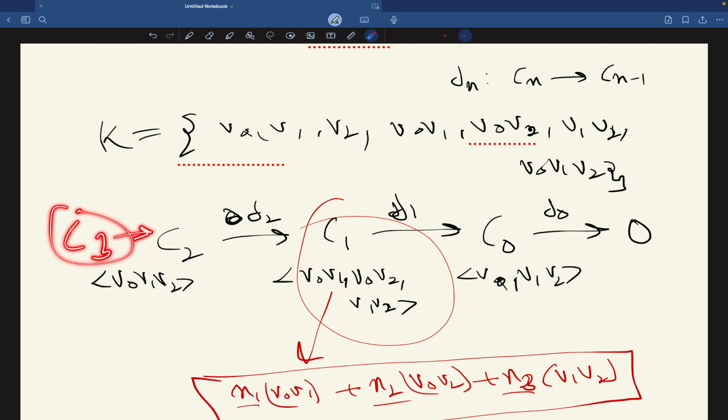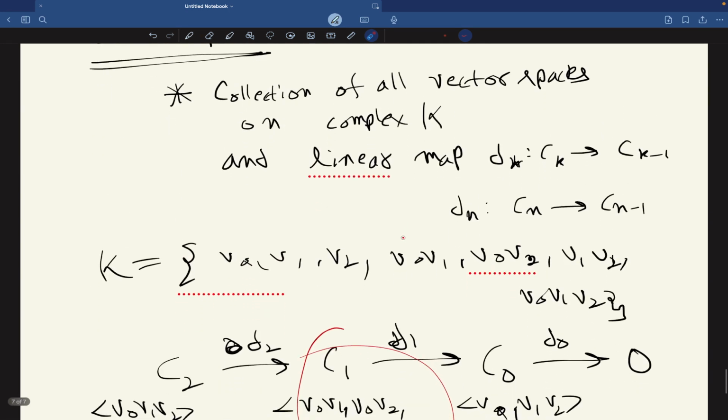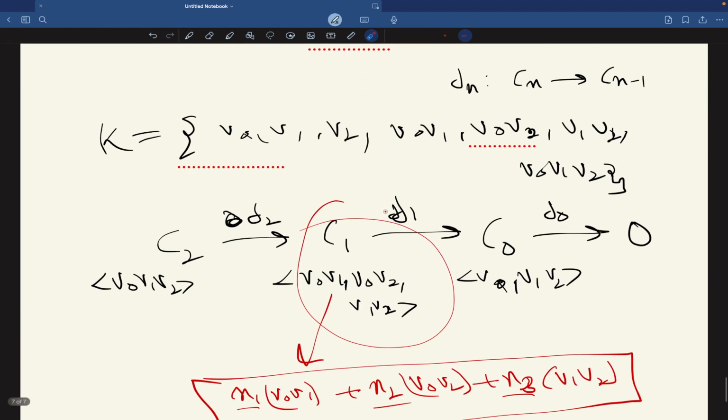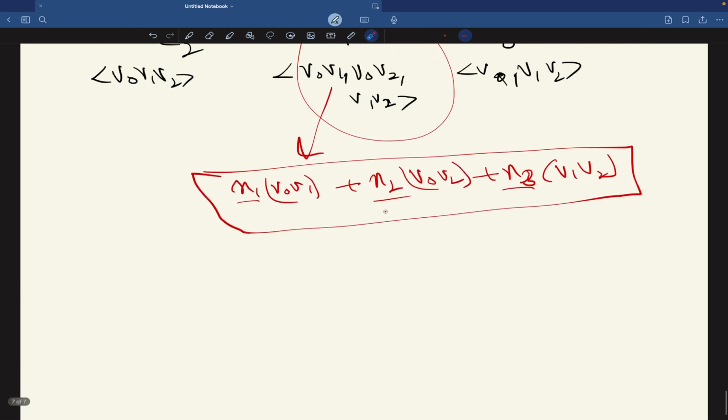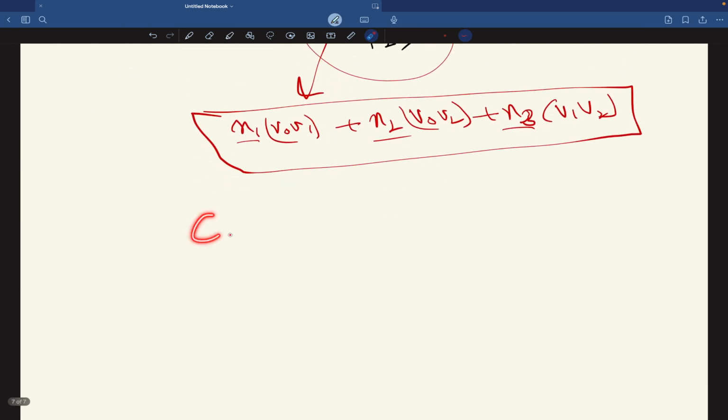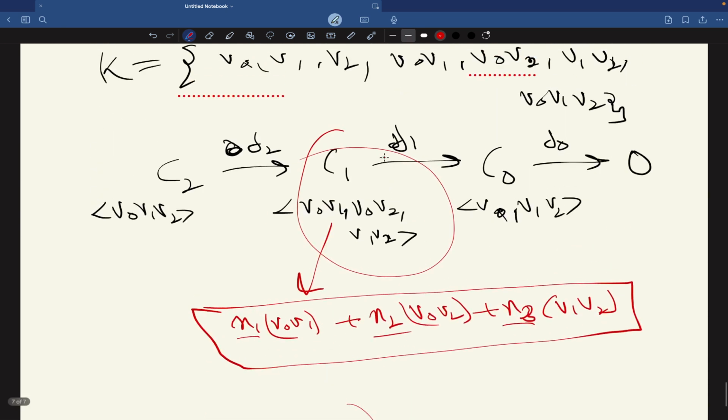Basically C3 has no basis, C3 is 0. So this is your chain complex: you have all the vector spaces Cn, and you have all the boundary operators Dn. Combining all of them, you get the chain complex.